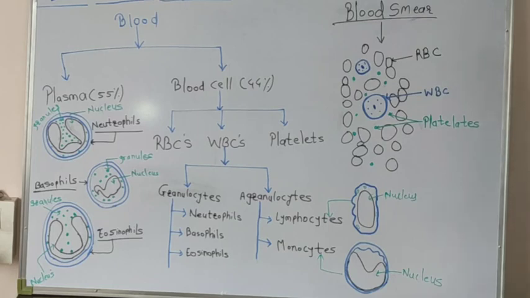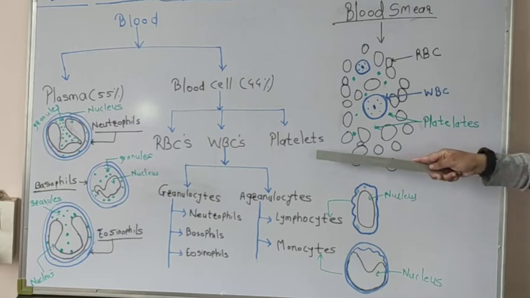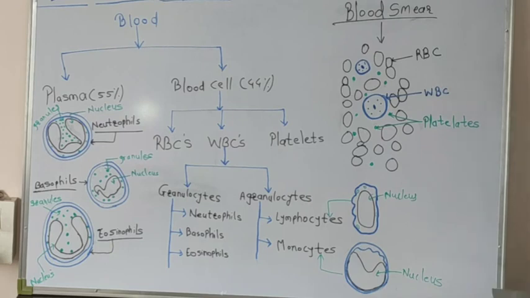That means platelets are present in the blood at 2.5 to 4.5 lakh per mm cube. When these thrombocytes or platelets decrease in number, at that time a human will suffer thrombocytopenia.